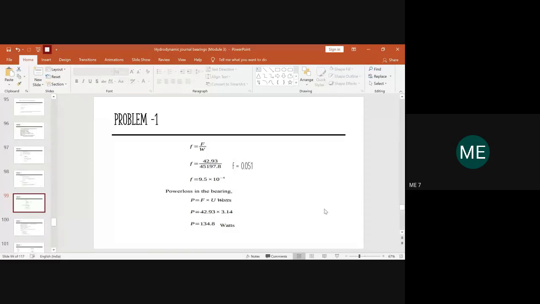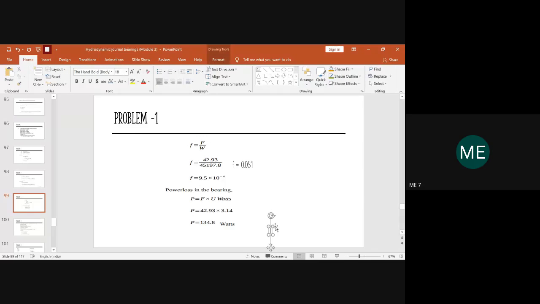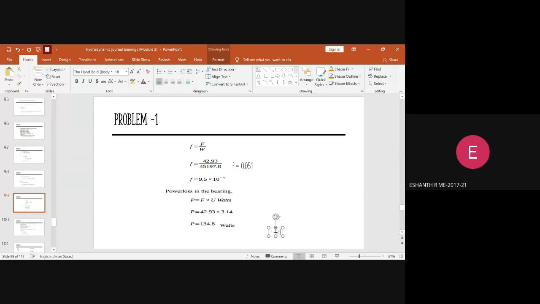And don't forget to write the unit. You have to write in terms of watts. 7,269.1 watts.